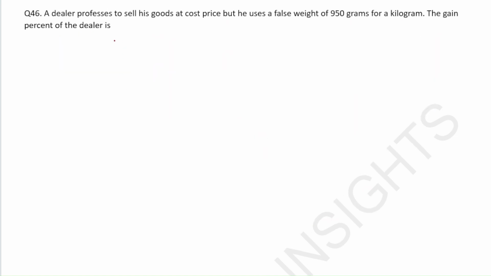Next question. A dealer professes to sell his goods at cost price, but he uses a false weight of 950 grams for a kilogram. So that means the actual weight is how much? 1000. But he is using the false weight as 950. So cancel. 5 2s are 10, 5 1s are 5, 5 19s are 95.